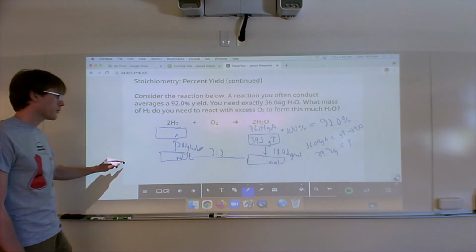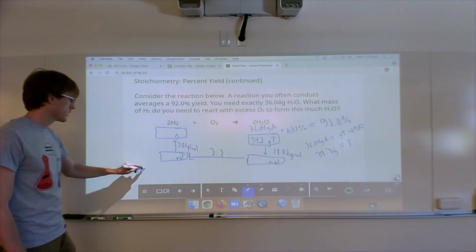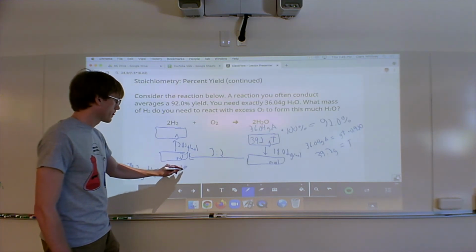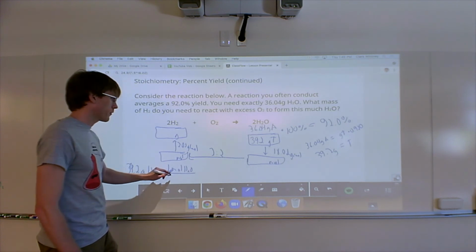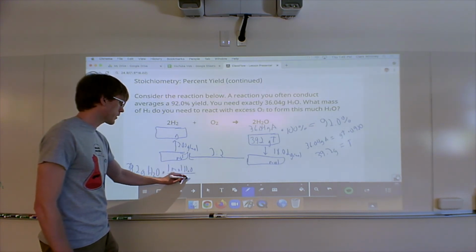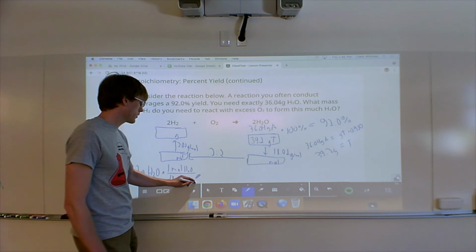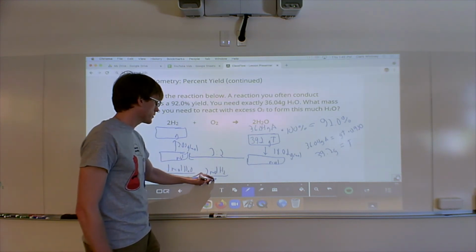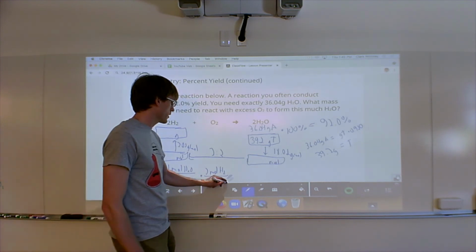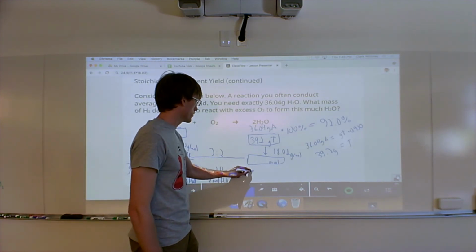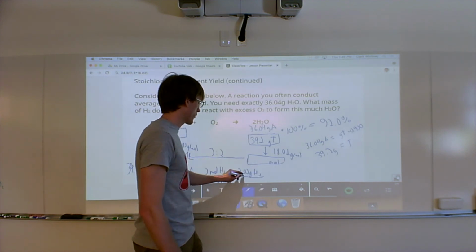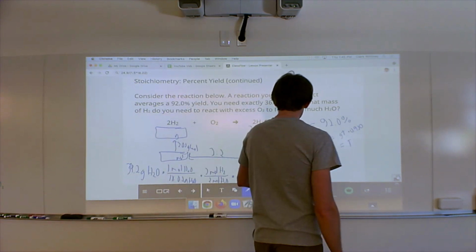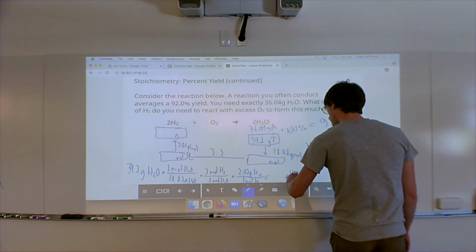So I start with my 39.2 grams of H2O times 1 mole of H2O for every 18.02 grams of H2O times 2 moles of H2 for every 2 moles H2O times 2.02 grams of H2 for every 1 mole of H2 equals grams of H2.